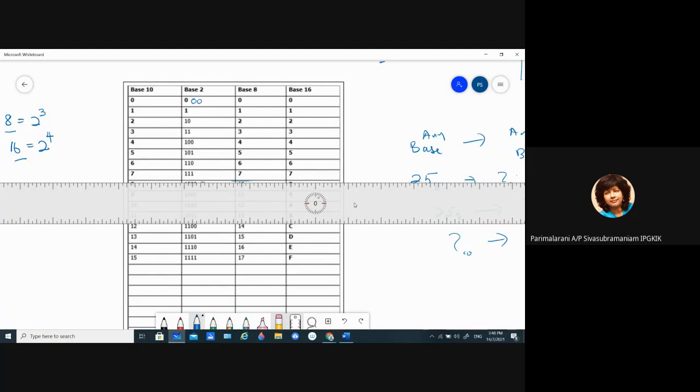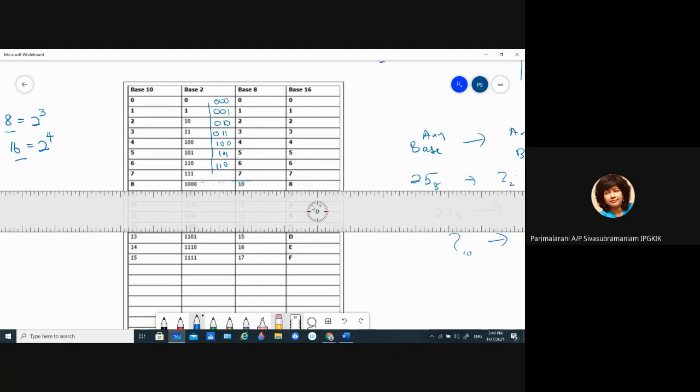If I want to write in 3 digits, 1 I can write as 001. 10 is also the same as 010. 11 is 011, and then the rest are all 3 digits already. So can you see that?